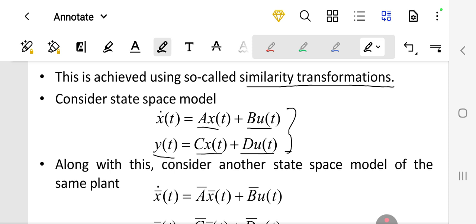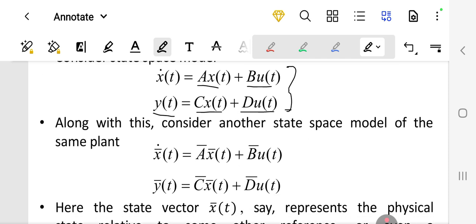We need to transform this state space model to another state space model, which is x hat dot equals A hat x hat plus B hat u, and y hat equals C hat x hat plus D hat times u.